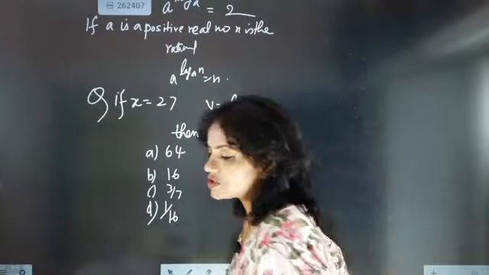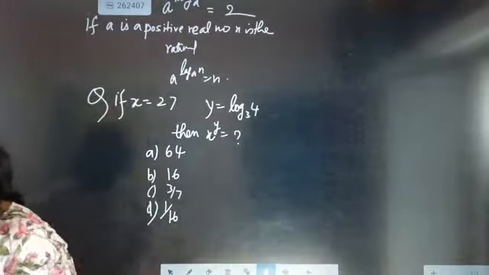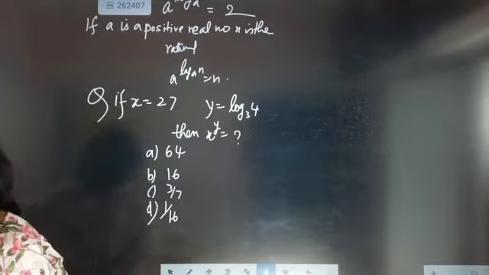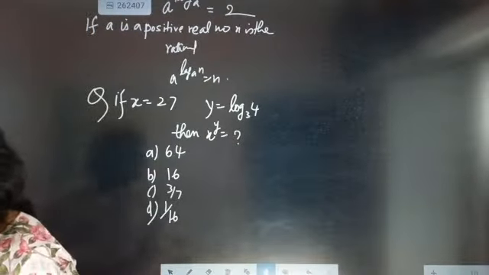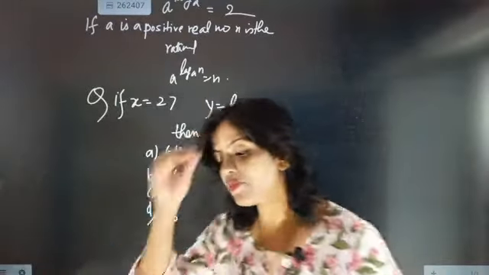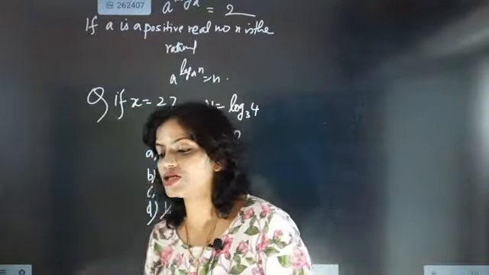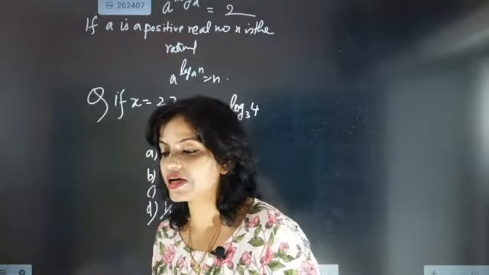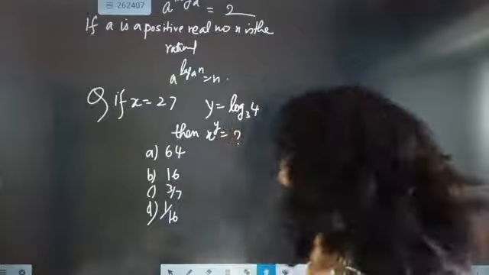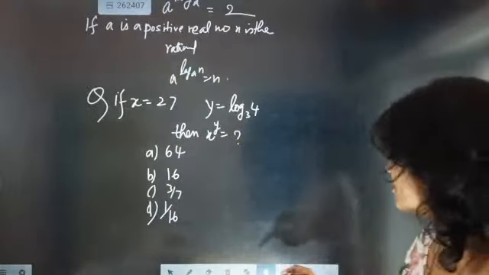Very good, Prince. In no time, Prince has given the answer. Super, beta. And by applying the property, it will be damn easy. Actually, the answer will be 64. Nasir also has given the answer as 64. Gautam has given the answer 64. Then how can the answer be coming as 64?